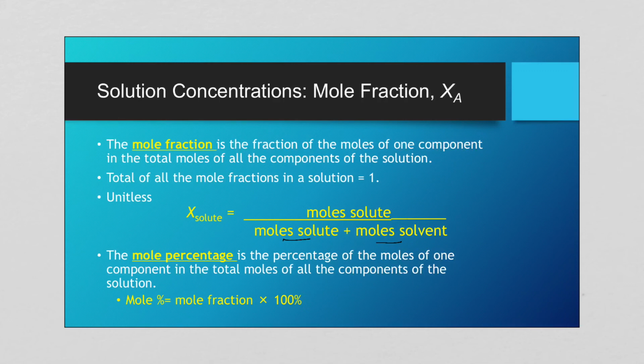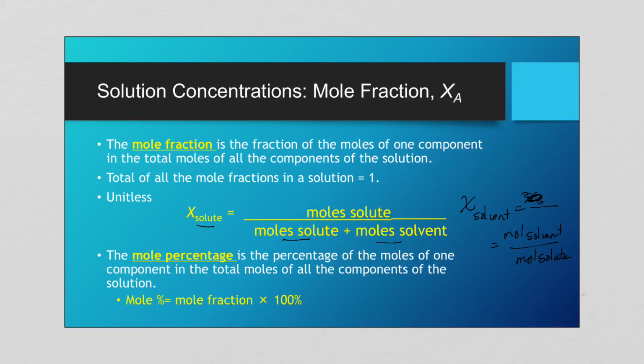Now, this is the mole fraction of solute, right? But we could also do the mole fraction of solvent, and it's the same idea, but in terms of solvent. So it's going to be the moles of solvent over moles of solution. So we can express the fraction in terms of the solute or in terms of solvent.